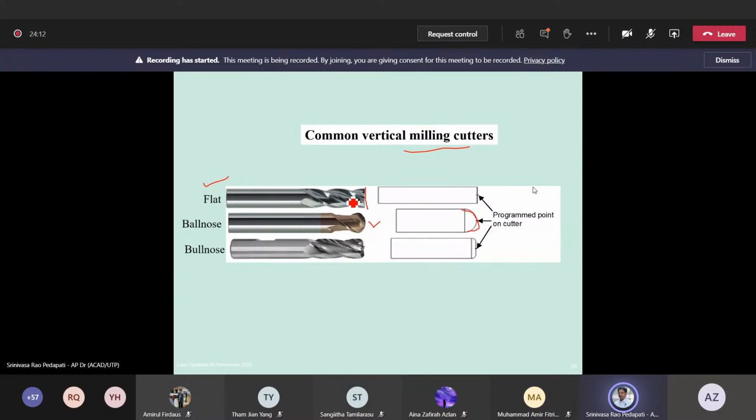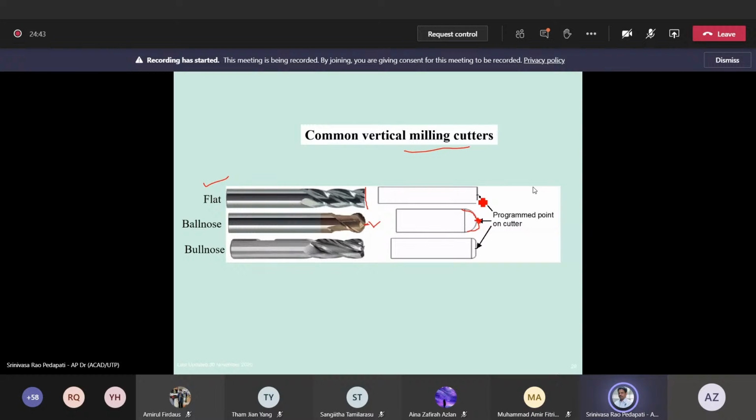So when you program the milling machines, of course, if you do it manually, you know what you are doing. If you are programming it, this is the tool tip, the point. When you program a move to some x comma y, it reaches x comma y, but actually the tool is not just a point.